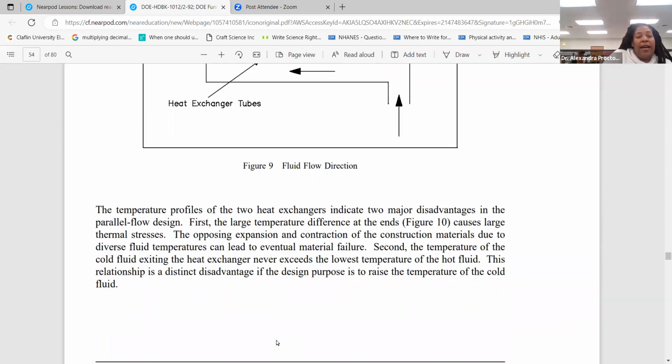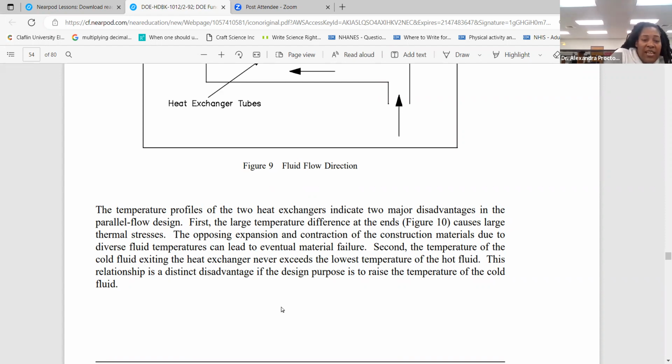The temperature profiles of the heat exchanger indicate two major disadvantages in the parallel flow design. First, the large temperature difference at the ends causes large thermal stresses. The opposing expansion and contraction of the construction materials due to diverse fluid temperatures can lead to eventual material failure. Second, the temperature of the cold fluid exiting the heat exchanger never exceeds the lowest temperature of the hot fluid.